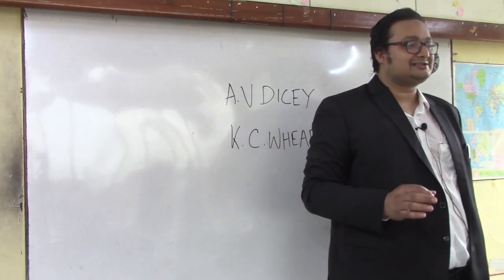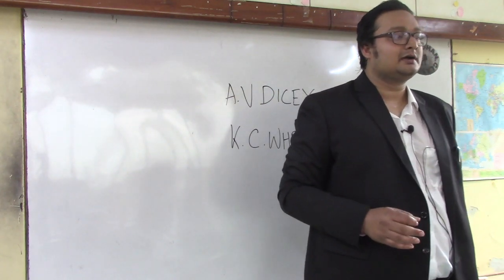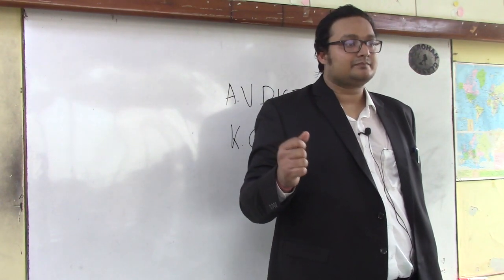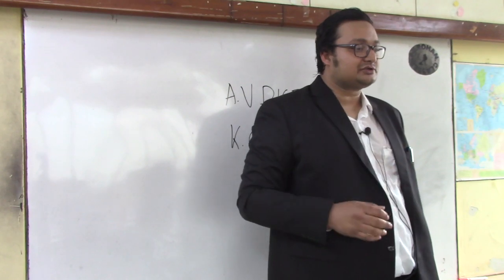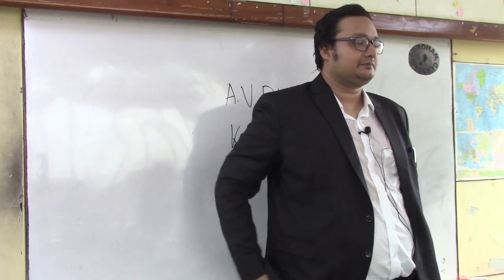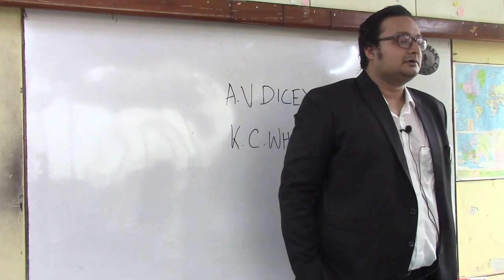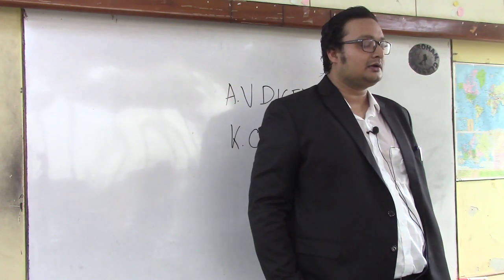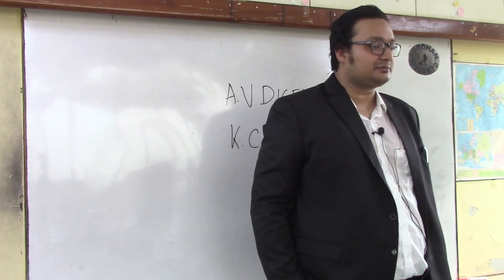Article 356 deals with imposition of, yes, State emergency. Very good, imposition of president's rule in state or state emergency. Now please write down a phrase right under it: failure of constitutional machinery.